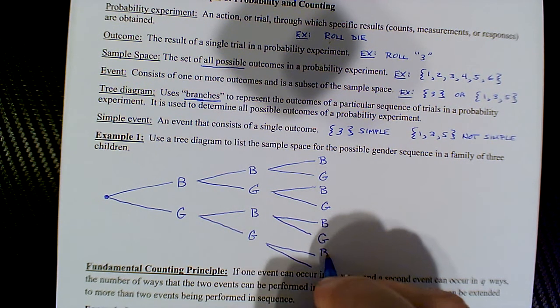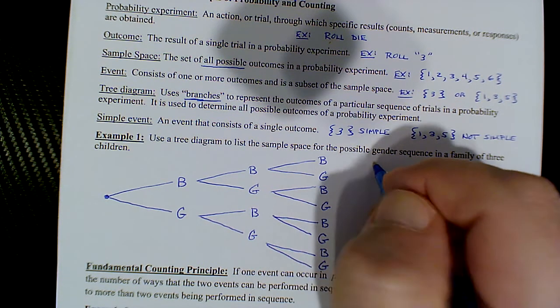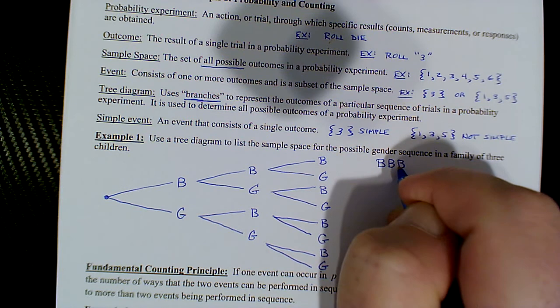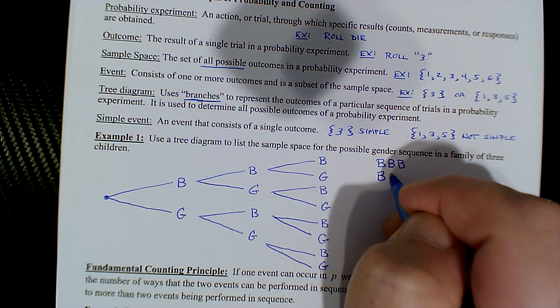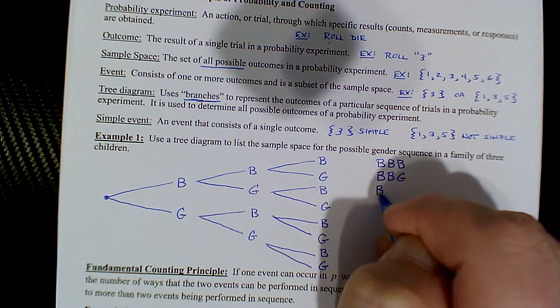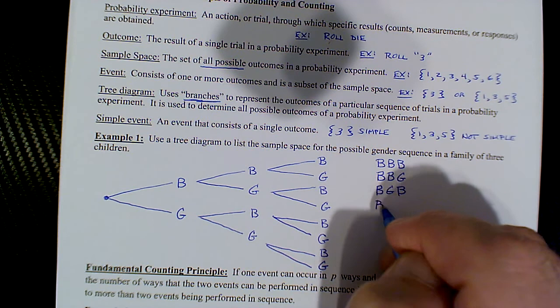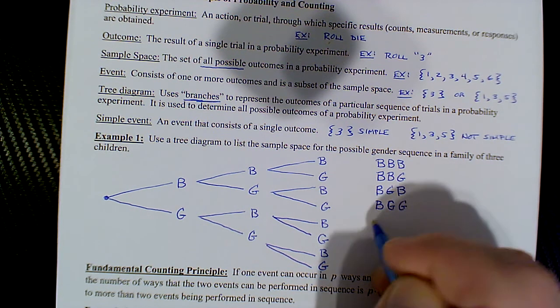And then you just simply read the branches. The first branch, boy, boy, boy. Second sequence, boy, boy, girl. Third sequence, boy, girl, boy. Then boy, girl, girl.